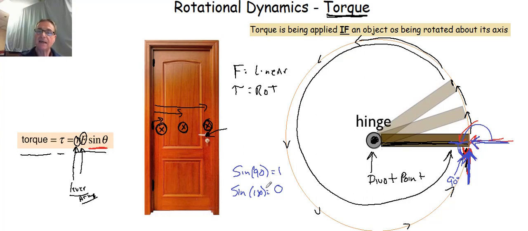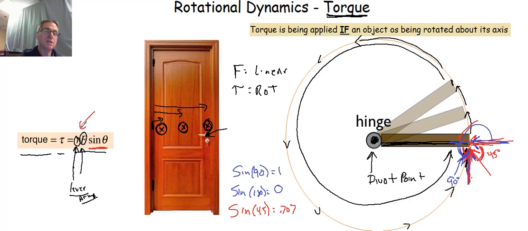Let's say that I push instead at some angle, something like this, and it's like 45 degrees. So here's the lever arm again. This angle in here, let's say, is 45 degrees. Well, now, the sine of 45 degrees I know to be 0.707, and so I'm going to have a component of the force that is going to be perpendicular to my lever arm, and that is going to add to, or impact, the torque that I'm going to be pushing on the door with.